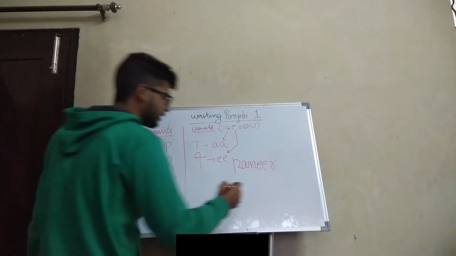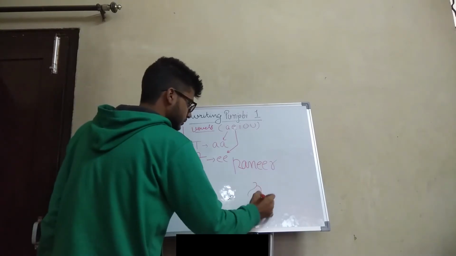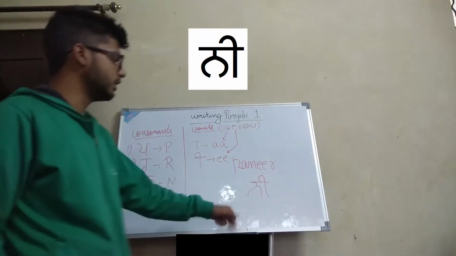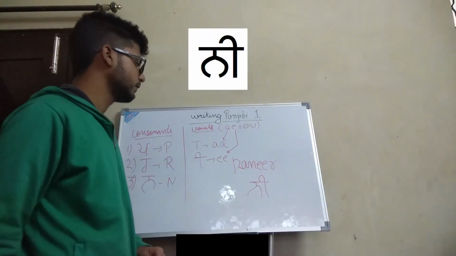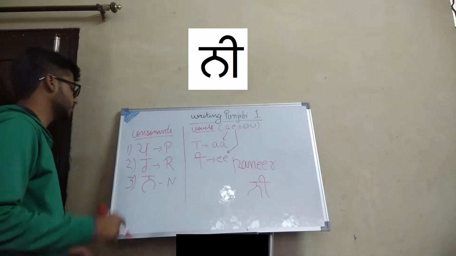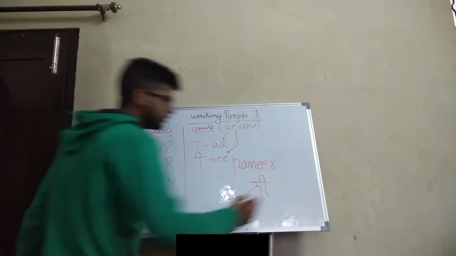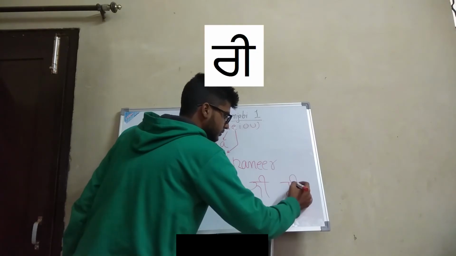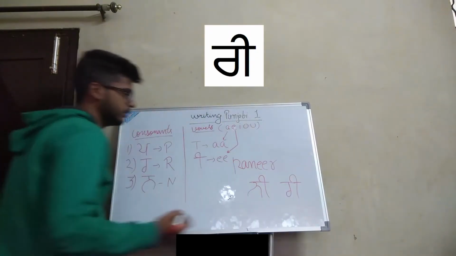So it's used like this. This becomes knee. If you want to use a Bihari with R, this becomes re, R double E.